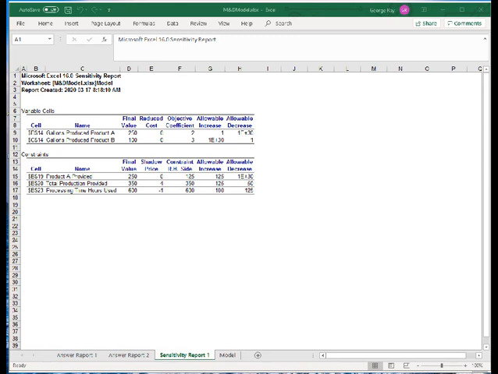The shadow price of 4: if we change the constraint to 351 for total production, the cost of the production will increase by 4. In other words, the objective function will increase by 4. A shadow price of -1 means if we change the constraint to 601 available hours, then the objective function will decrease by 1.